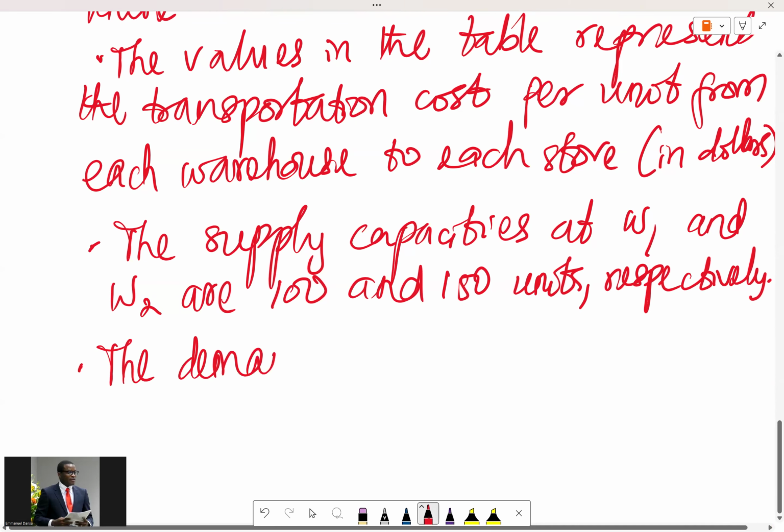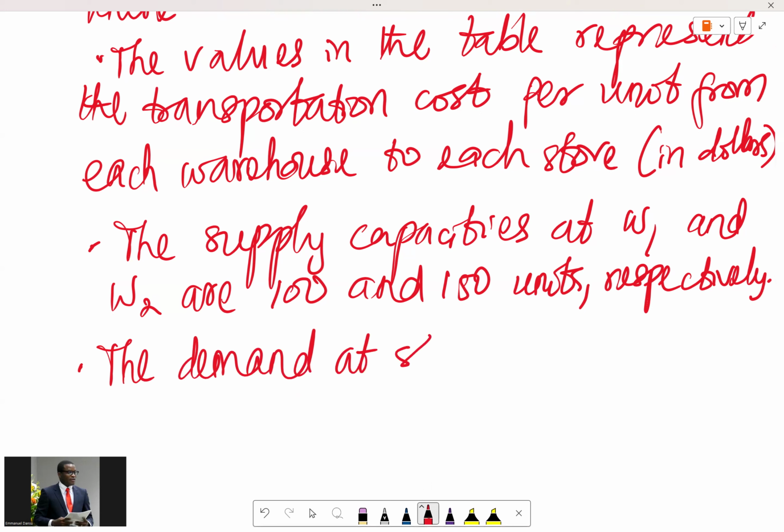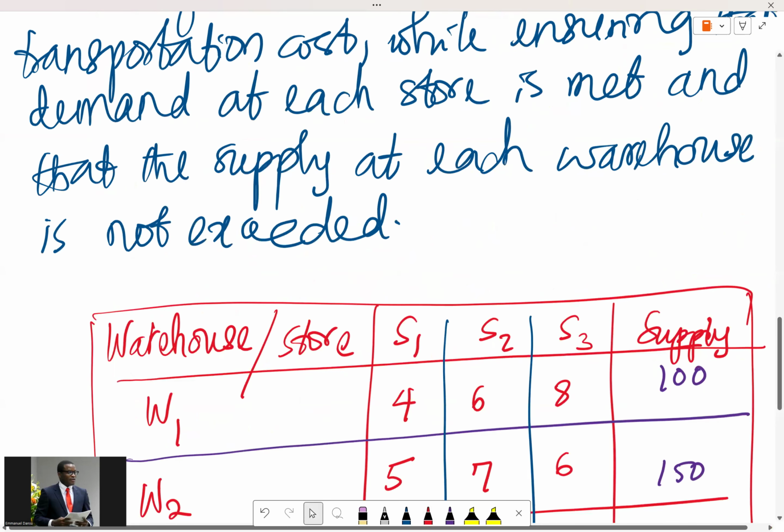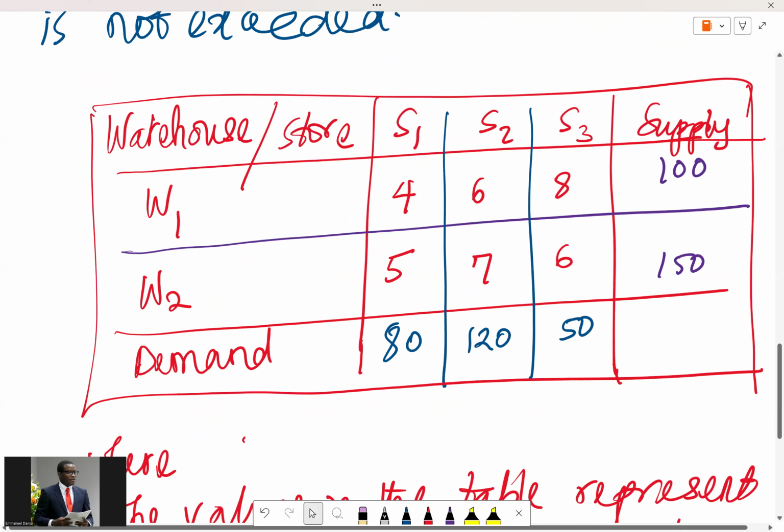The demand at stores S1, S2, S3 are 80, 120, 150 respectively. So the table simply summarizes what this problem looks like.